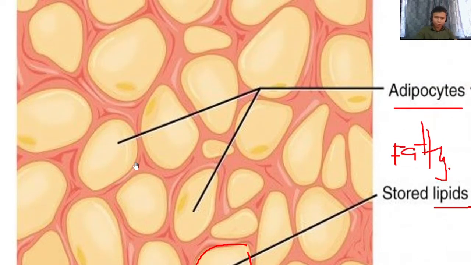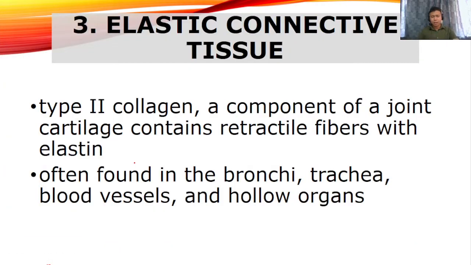Moving forward, we have the elastic connective tissue. It's made up of type 2 collagen, a component of a joint cartilage which contains retractile fibers with elastin components, which makes it elastic, which makes it stretchable.